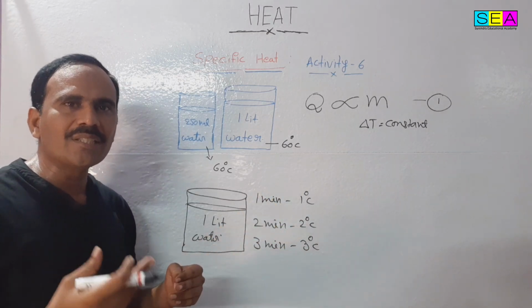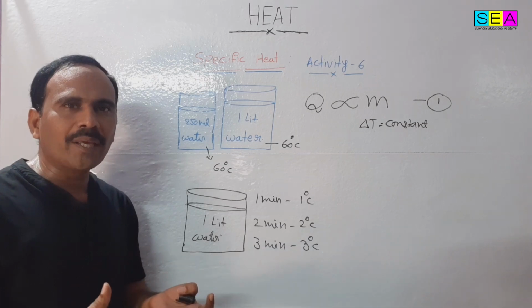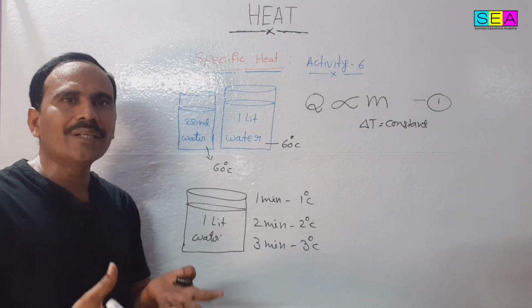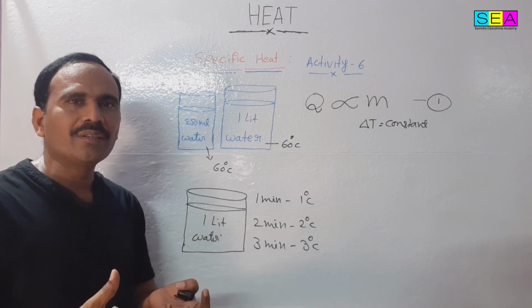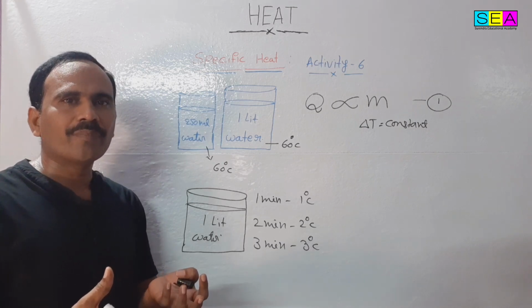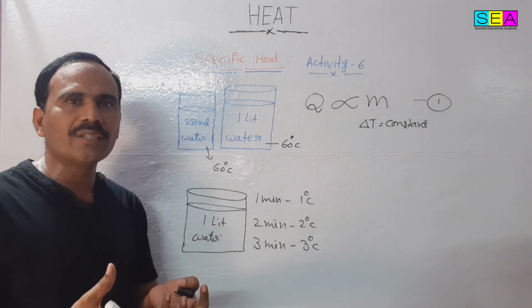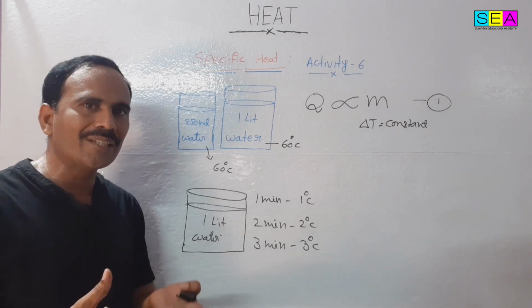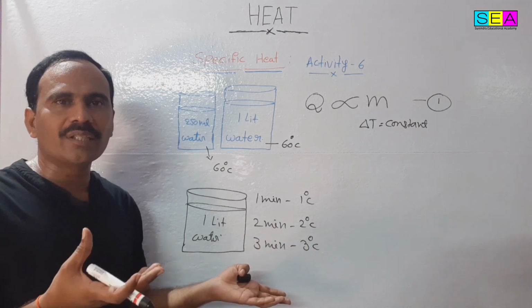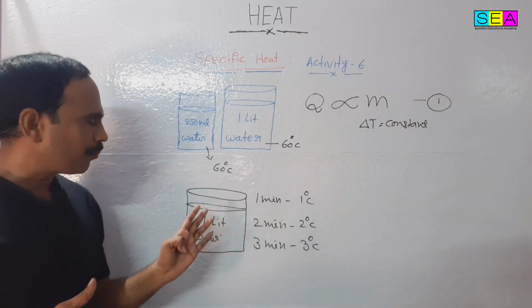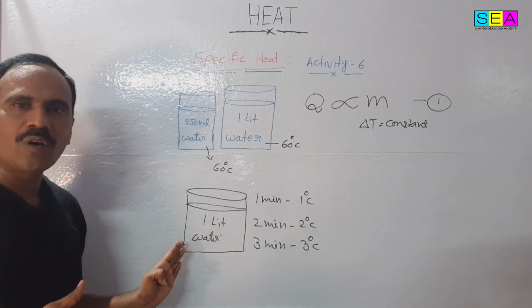If time is increasing, it means the quantity of heat energy supplied is also increasing. If heat energy is increasing, the temperature of the object is also increasing when the mass of the object is constant.